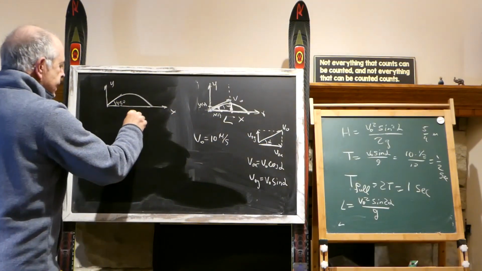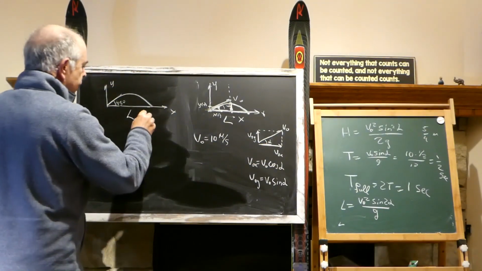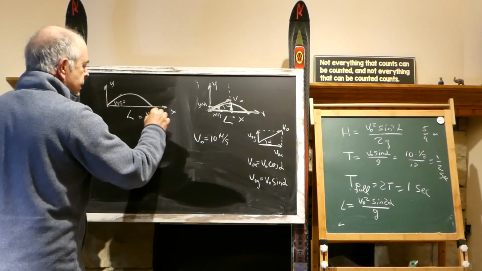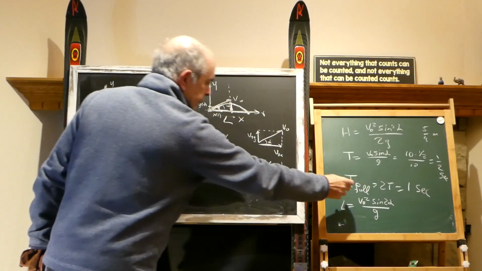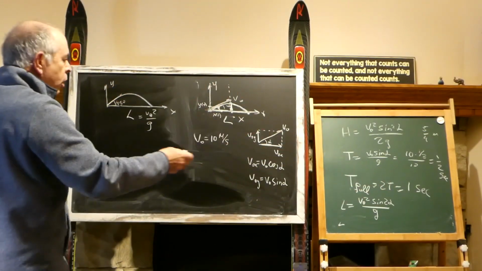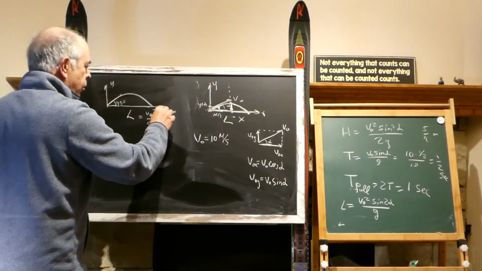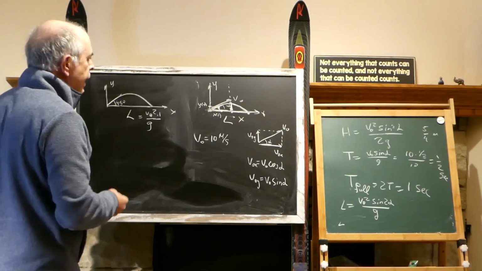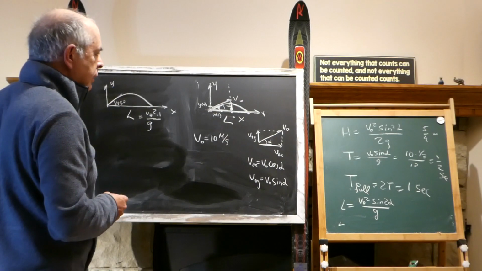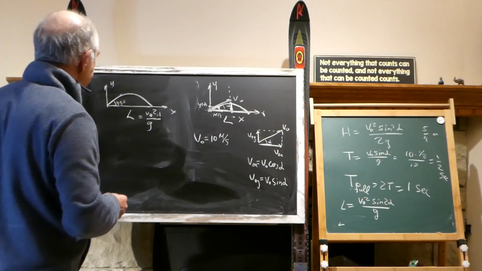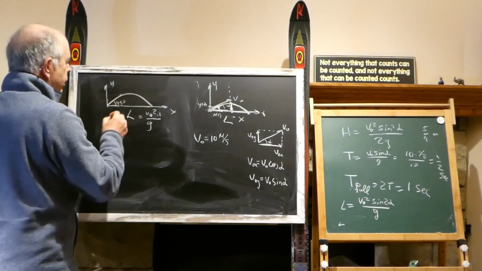And this distance L becomes V0 squared over G, right? And sine 2 alpha is gone, it's 1. Multiply by 1, so we cannot write it, right? And basically that's it. This would be this parabola at 45 degrees.